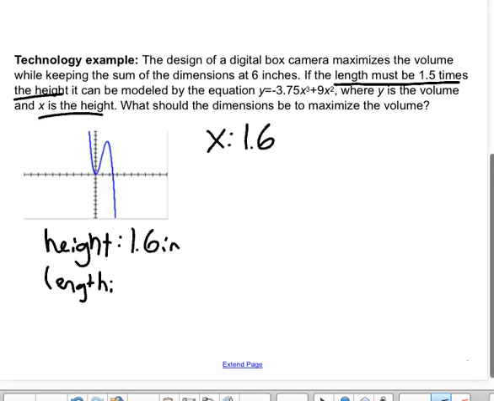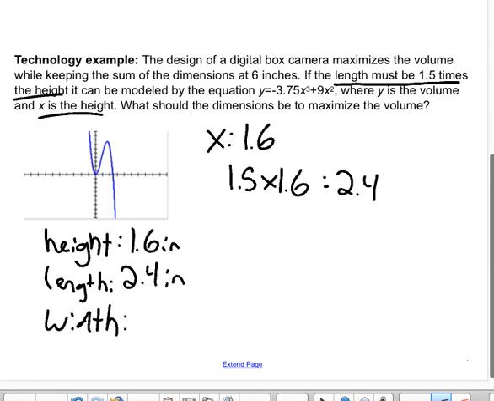So the length is going to be 1.5 times 1.6. So whip out your calculators and let's figure that one out. So 1.5 times 1.6 is going to give you 2.4.